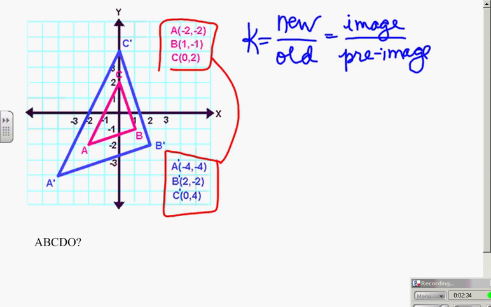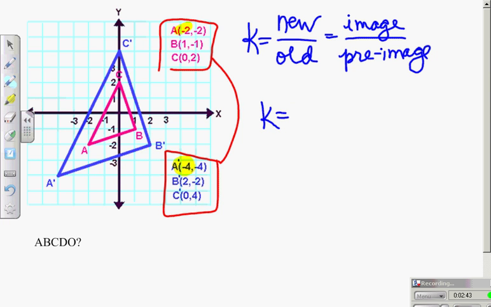But if we want to look at it formally, we could take the A coordinate and compare it to the A prime coordinate. And what we would find is that K would be equal to -4 over -2, which is 2. And if you look at all of those coordinates, that does indeed work.